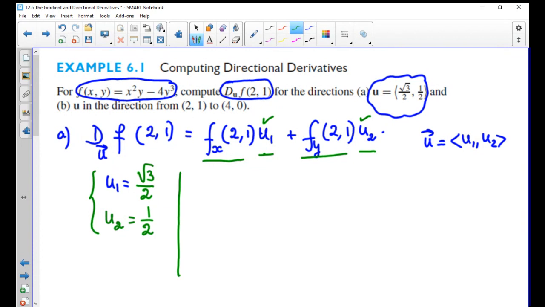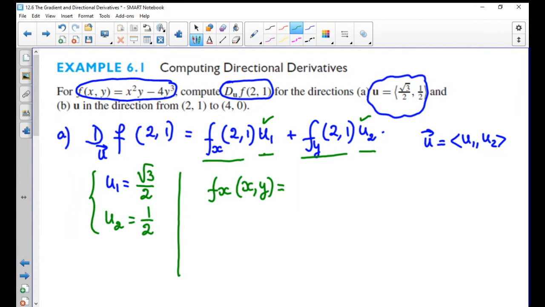Good. Now I need to find fx, the derivative of the function with respect to x, first at any point (x, y). Okay. So let's look at the function.